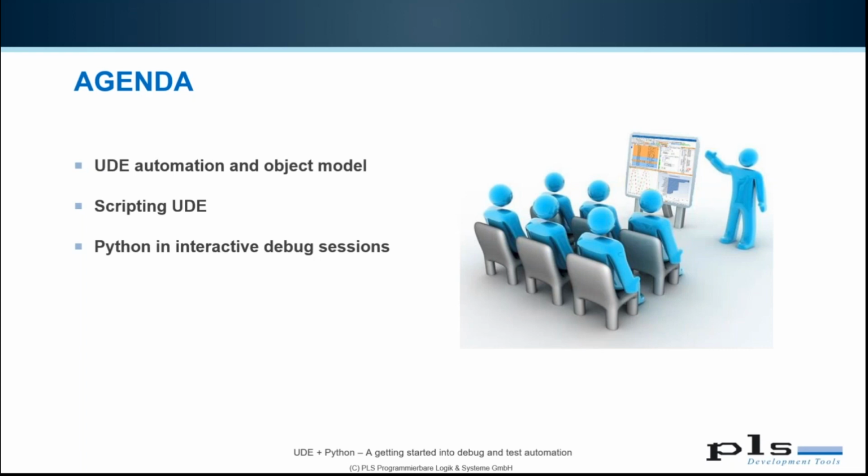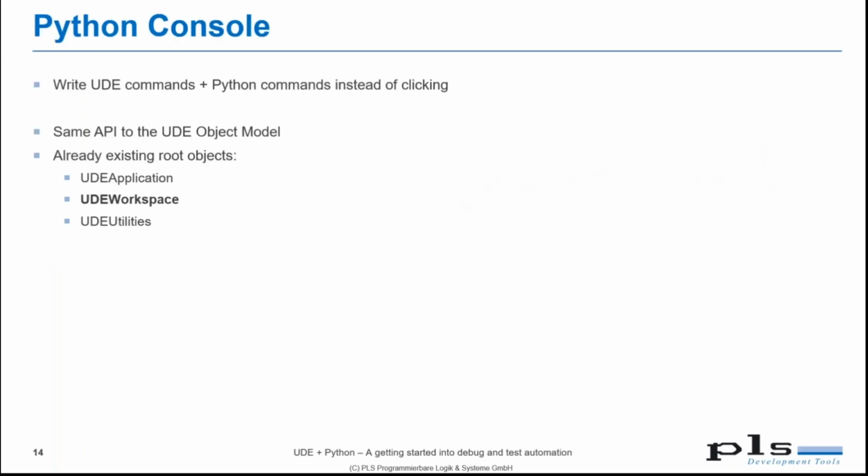Python can also be used in an interactive debug session, so not by an external script, but also from inside, using our Python console. In the Python console, you can enter UDE commands in the Python syntax and also standard Python commands from the Python language.